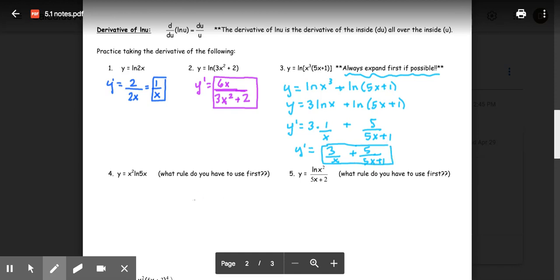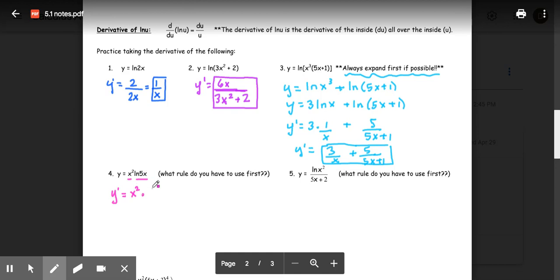All right, you can't forget your other rules. Can't forget product rule and quotient rule and chain rule. So looking at number 4, what rule would you have to use first here? Yep, you have to use product rule first. So here's my first and here's my second. So first times the derivative of the second.